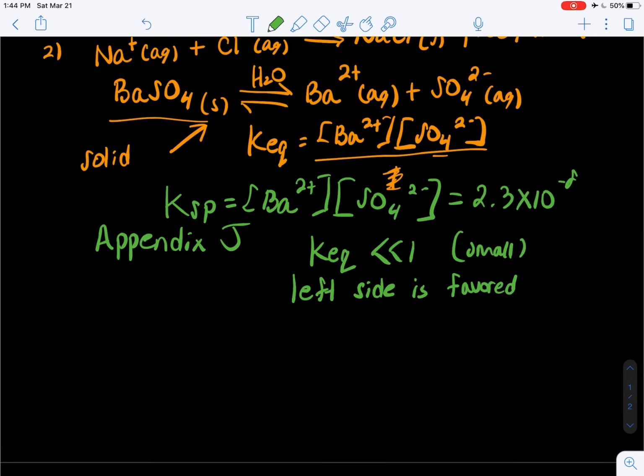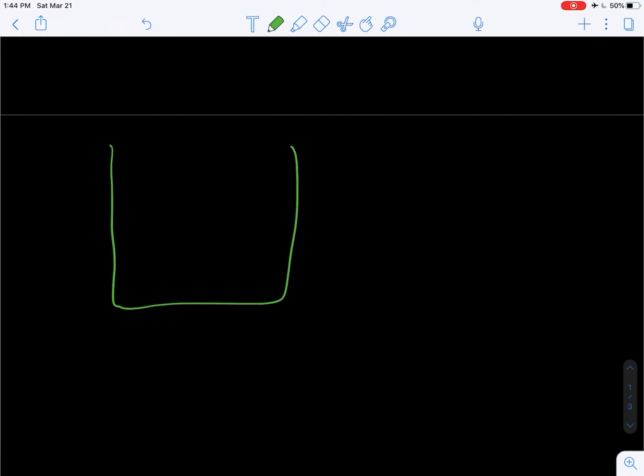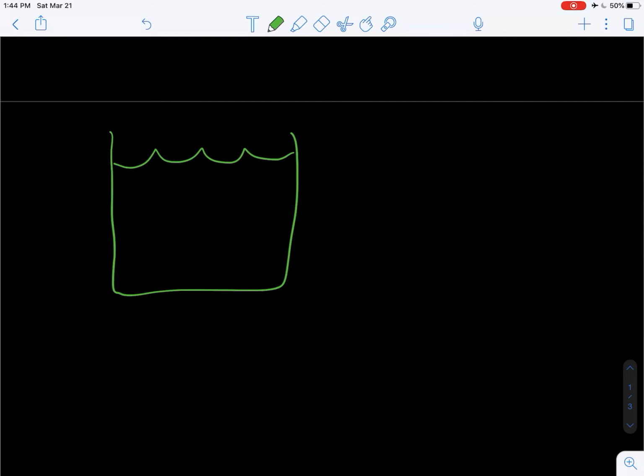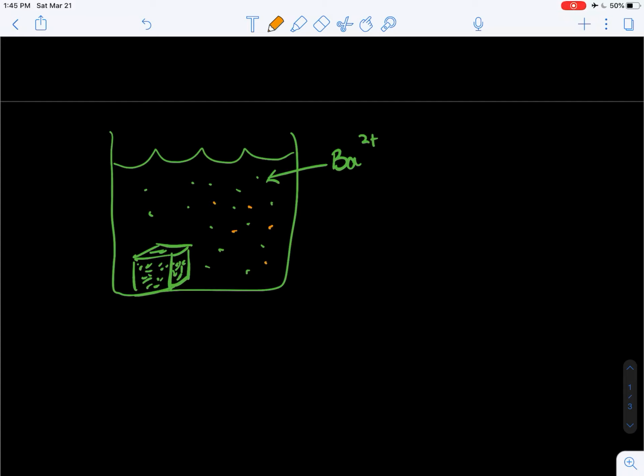Okay, so that means if we added barium sulfate into a beaker of some water, we would have a large crystal, let's say a barium sulfate composed of lots of different barium and sulfate ions, and we might have just a few in solution. Okay, so these are barium ions, and maybe we have some different sulfate ions floating around. Okay, and that's of course in the crystalline structure as well.